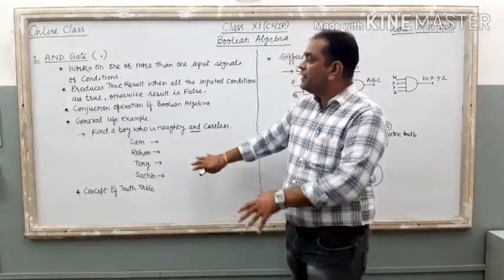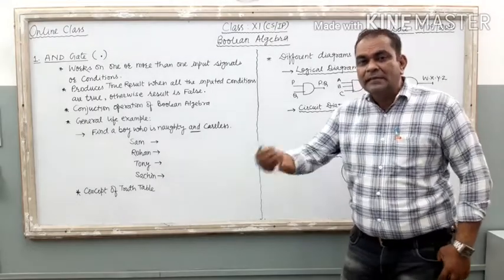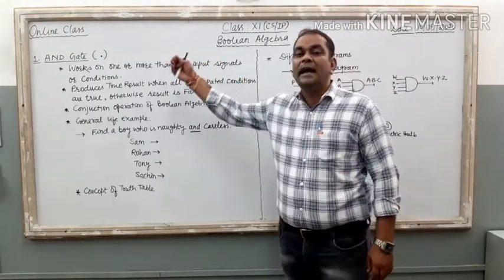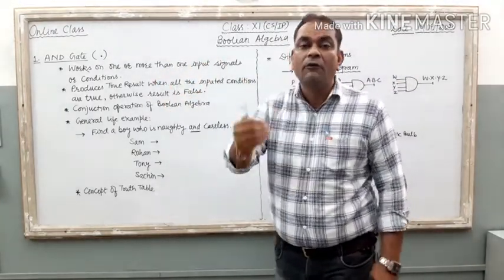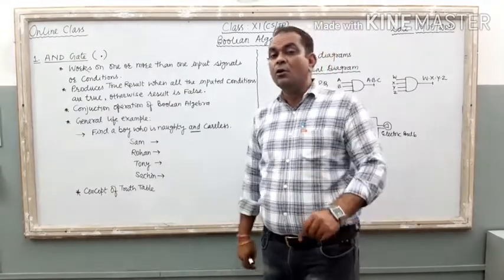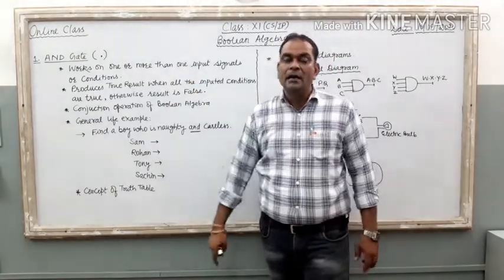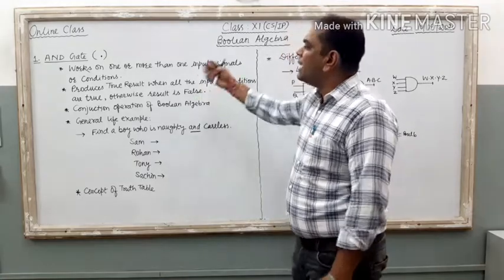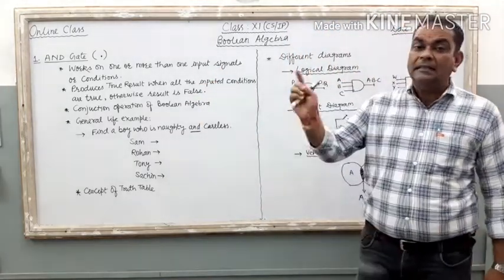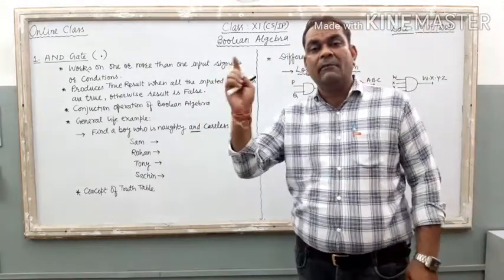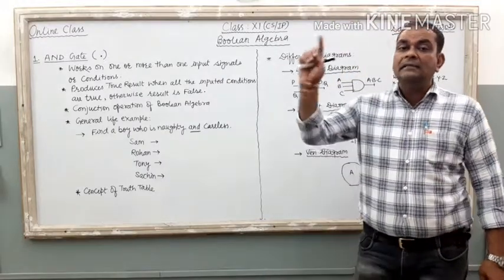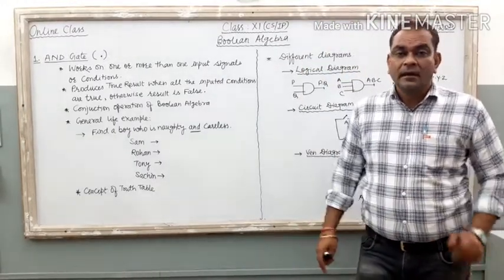So today in this video lecture, we will discuss this AND gate. What is the AND gate of Boolean algebra? As you know, it is a physical, electronic component that is available inside our processor, inside our microcontroller, inside the embedded system. Right?